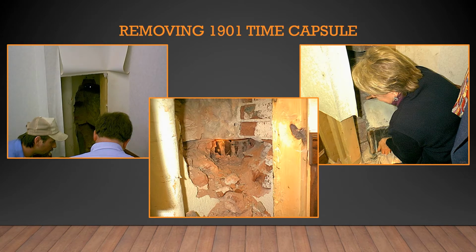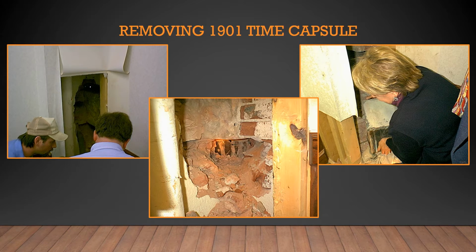With both time capsules, even though it was documented that each existed, locating them wasn't so easy. That's especially true of the 1901 courthouse time capsule. There wasn't really a clear indication as to where it was located, so they had a bit of trial and error to find it. And the removal itself was not an easy task.